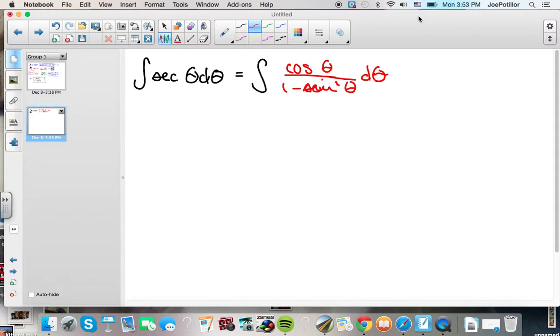From here we do a substitution, which is relatively simple. We let u equal sine of theta. du is equal to cosine of theta d theta. d theta is equal to du divided by cosine of theta.